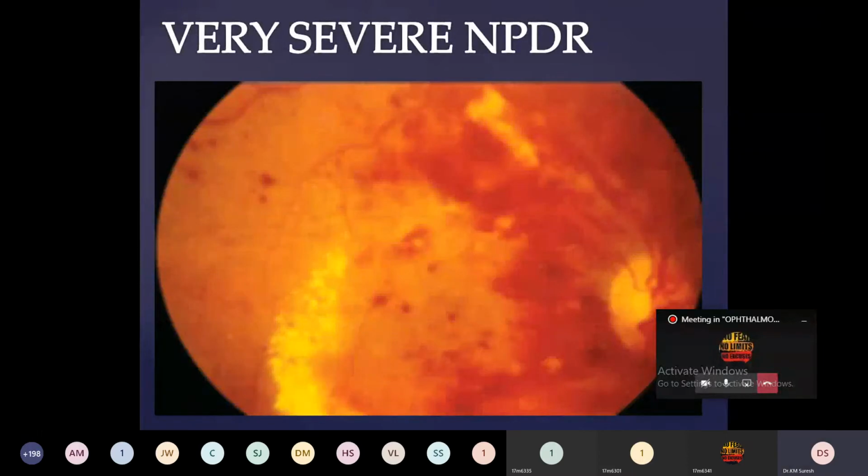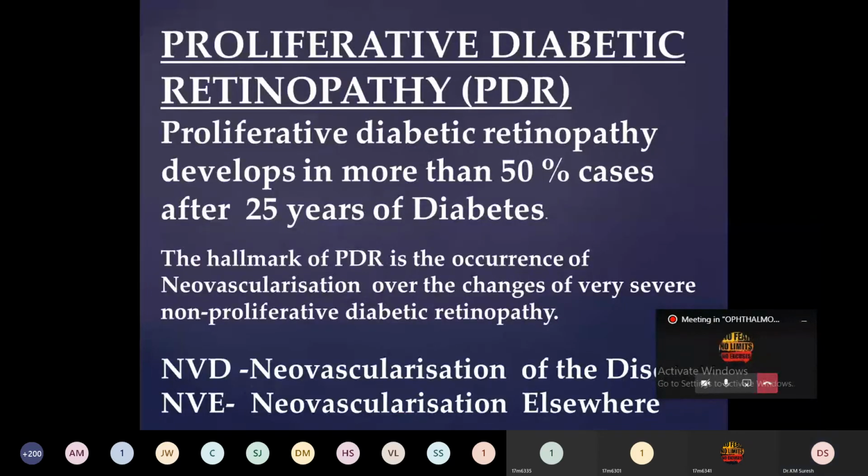This is very severe non-proliferative diabetic retinopathy. The whole of the retina is involved, but still there is no formation of new vessels, and hence the name NPDR, non-proliferative diabetic retinopathy. Coming to proliferative diabetic retinopathy, as I told you, the hallmark is the presence of new vessels.